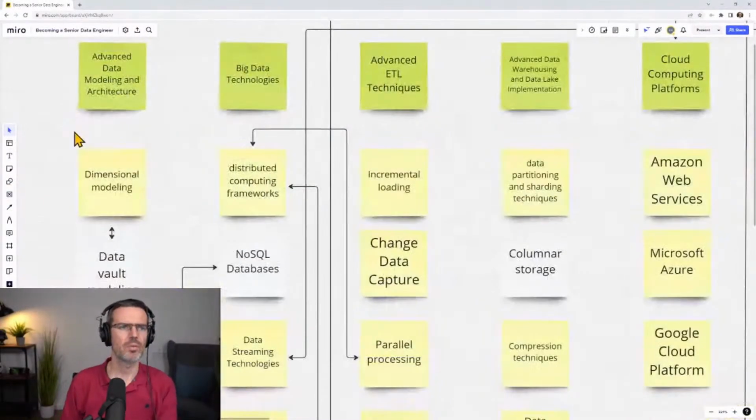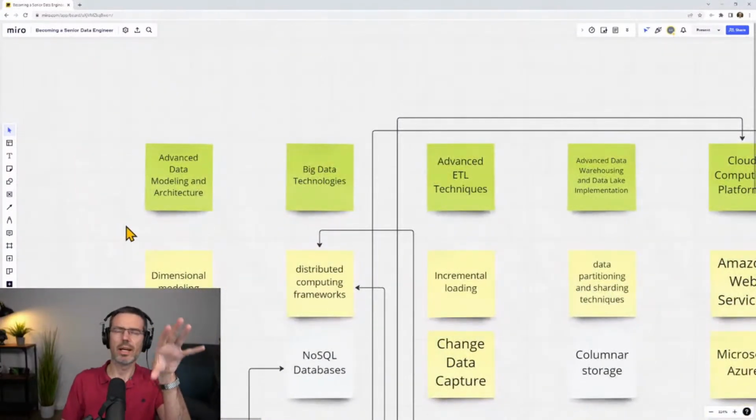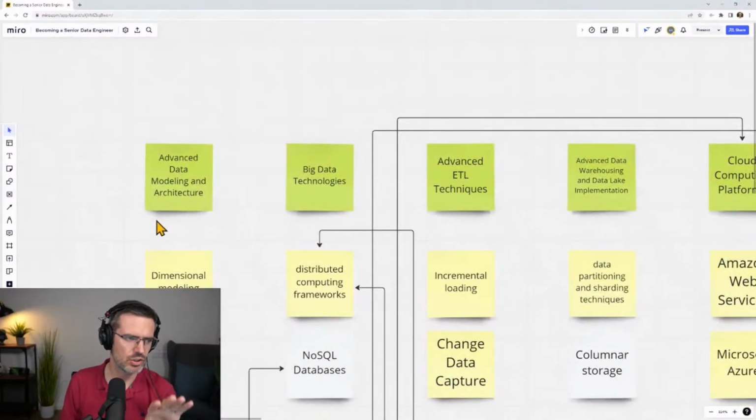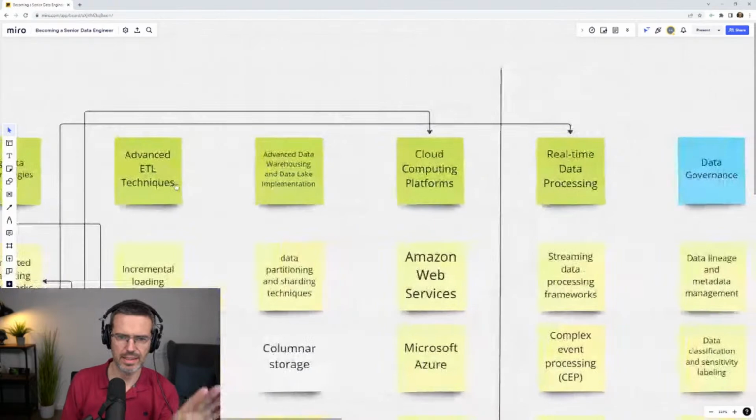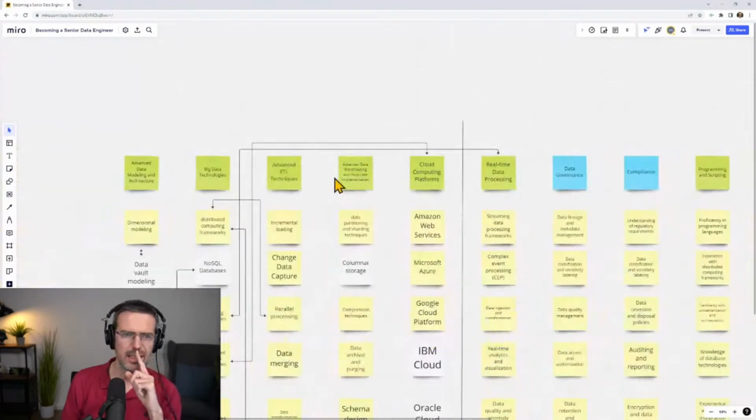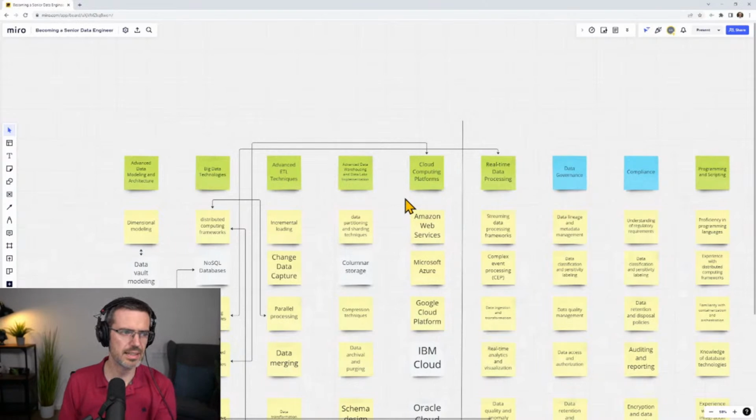So last Friday we were looking at the general topics like advanced data modeling and architecture, big data technologies, advanced ETL techniques, advanced data warehousing and data lake implementation, cloud computing. These were the 5 that we were looking at last time. If you missed this one, you can also check out that part from Friday.